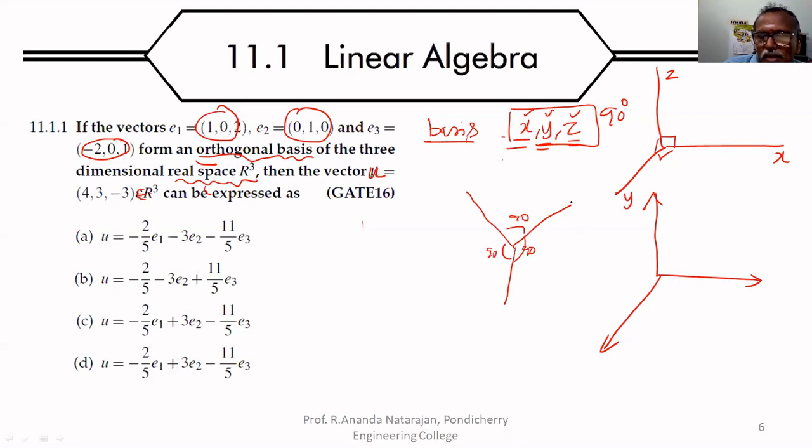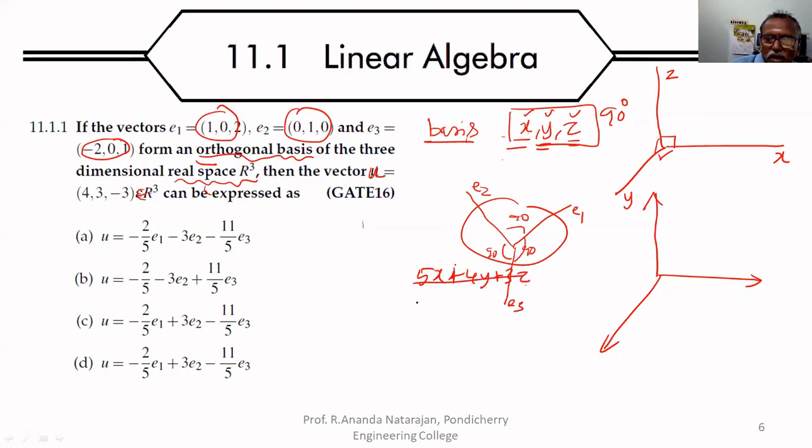So I am taking this E1, E2, E3 as a different basis, that's all. If I use these bases, then I cannot say 5x plus 4y plus 3z.